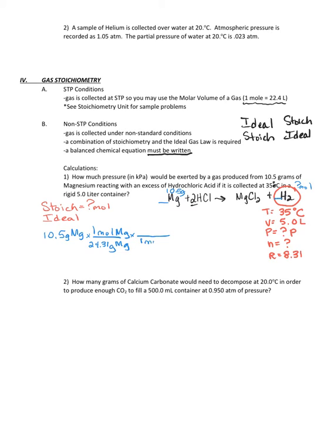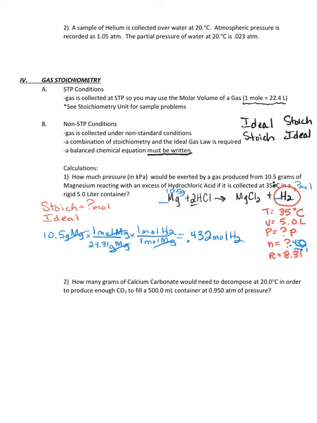For every 1 mole of magnesium, we're going to make 1 mole of our gas. In this case, our gas is hydrogen. When we do this, break out our handy-dandy calculators, we get 0.432 moles of our hydrogen. So that's now the missing piece in our puzzle.